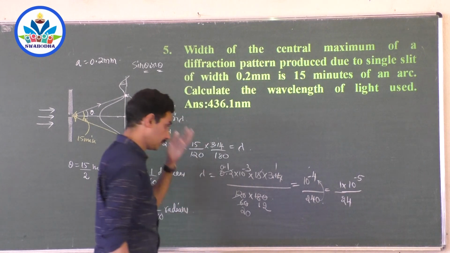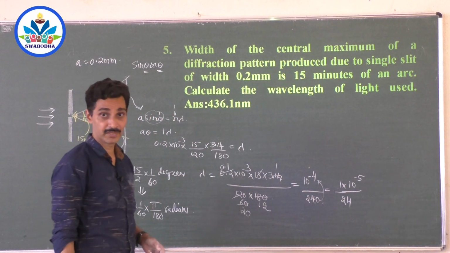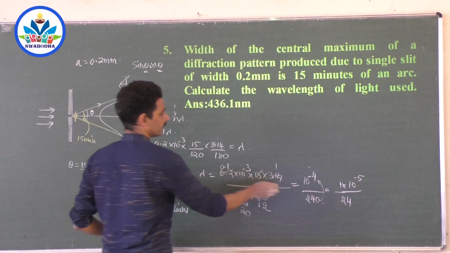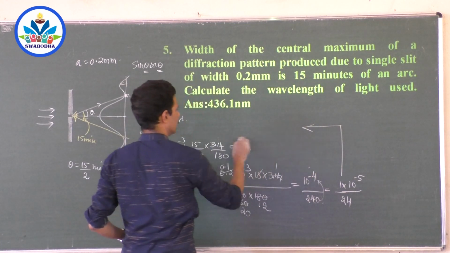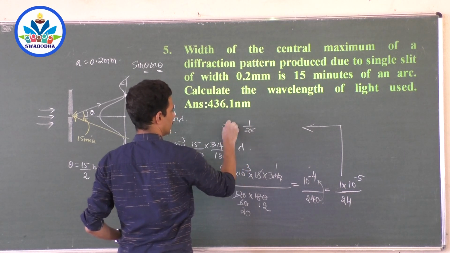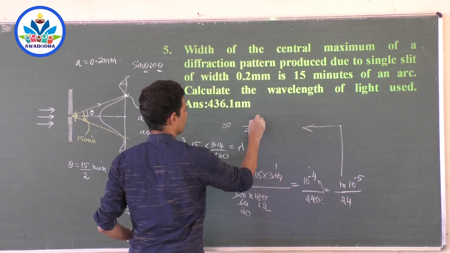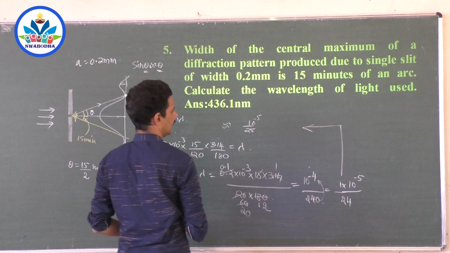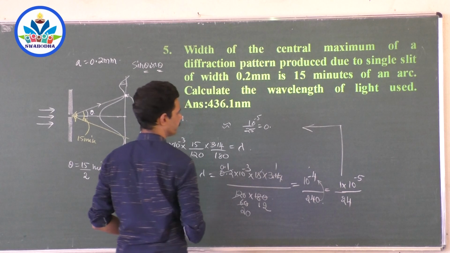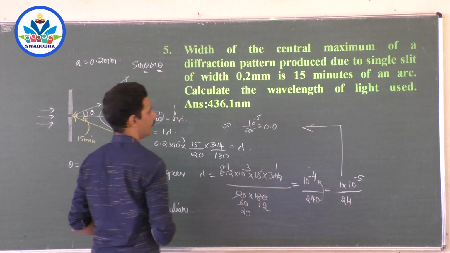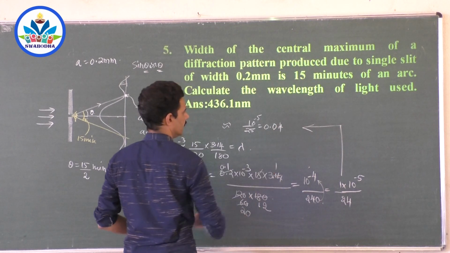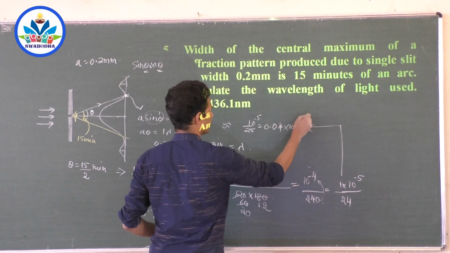But if you take it as 25, 1 by 25 is 0.04, so approximately 4 into 10 to the power minus 5.